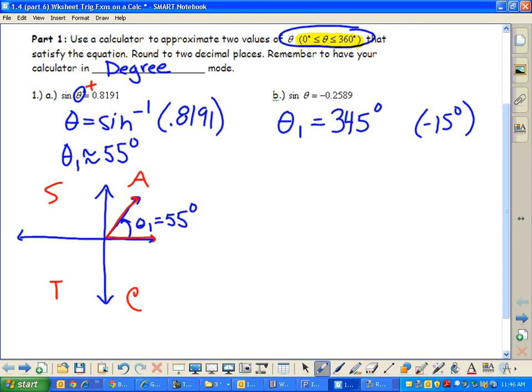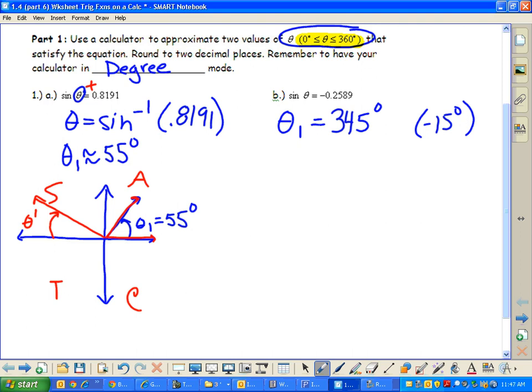It's positive in quadrant 2. So you're going to draw your 55 degree reference angle in quadrant 2. I just came back 55 degrees from the x-axis. The actual value of theta 2 is the space between the x-axis and where I just drew this terminal side.